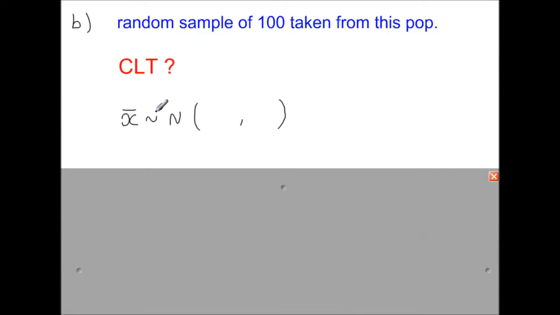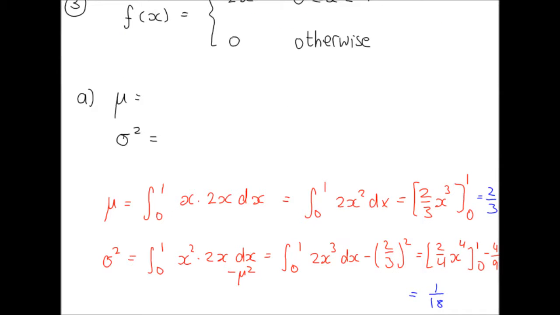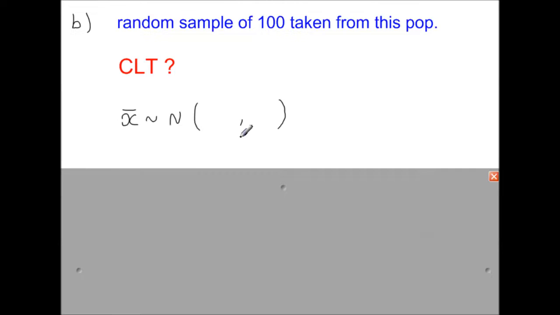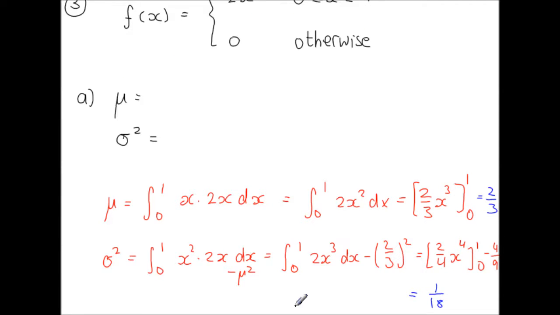So the sample mean will follow a normal distribution. The mean here is 2/3, and the variance will be sigma squared divided by n. So sigma squared, the variance of the underlying population, is 1 over 18. So we need to divide this by n.